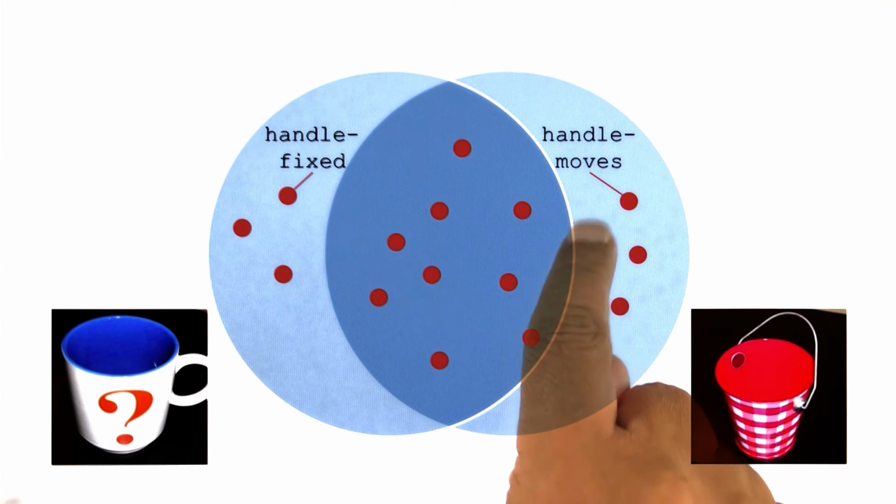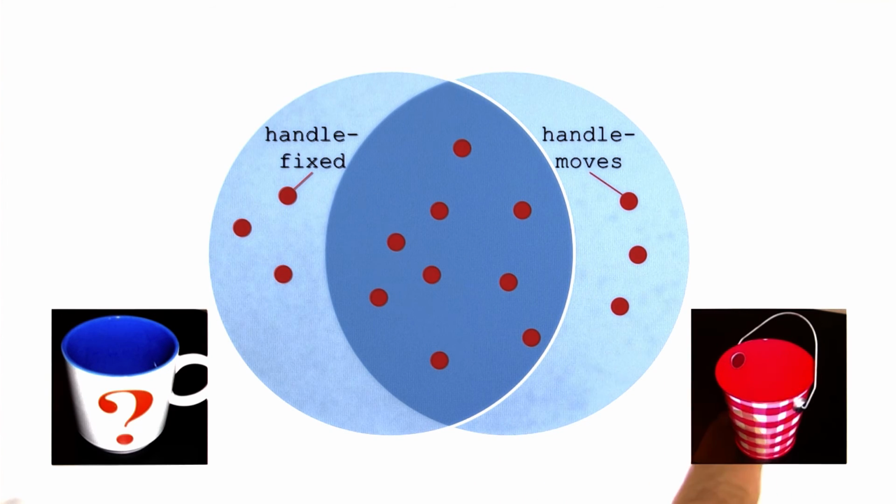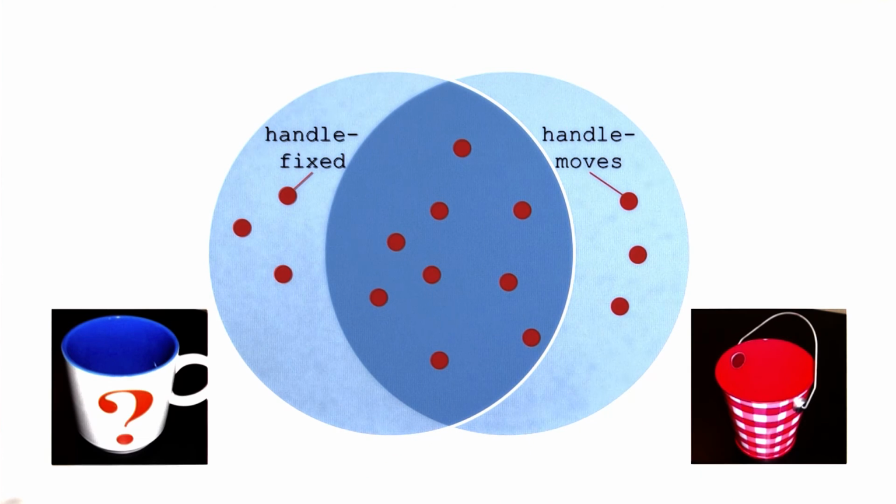As an example, just like this circle may correspond to a movable handle, this may correspond to a red interior, because red interior is one of the features that characterizes the negative example and not the positive example. But later on, there might be another positive example that comes of a cup which had a red interior, in which case the agent can exclude this particular feature.